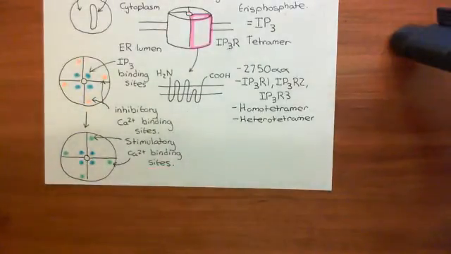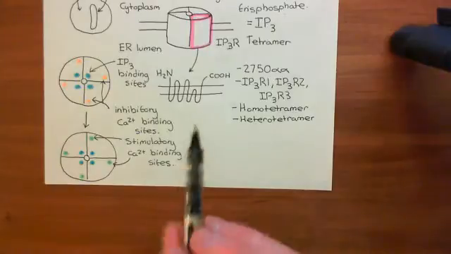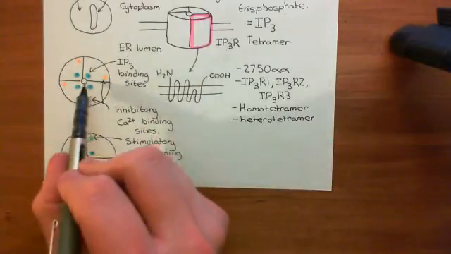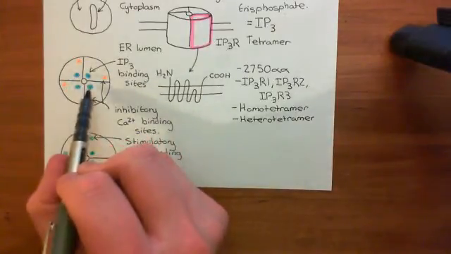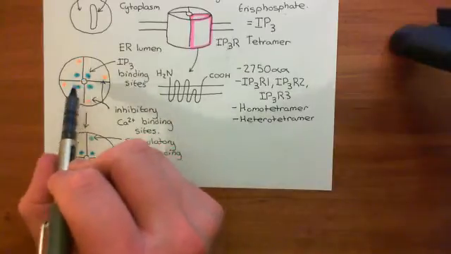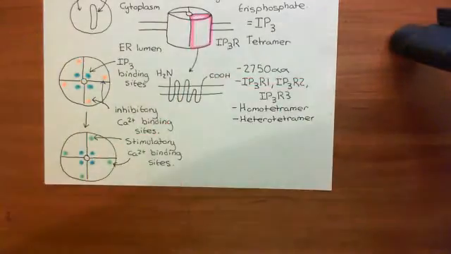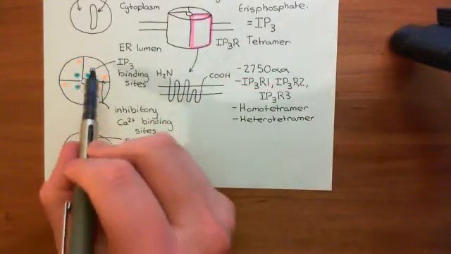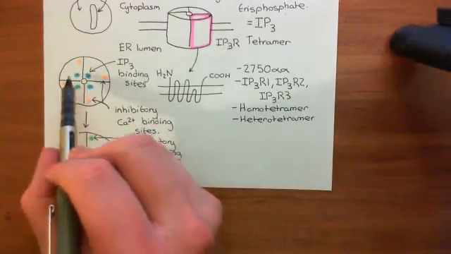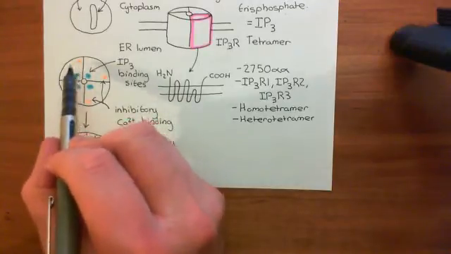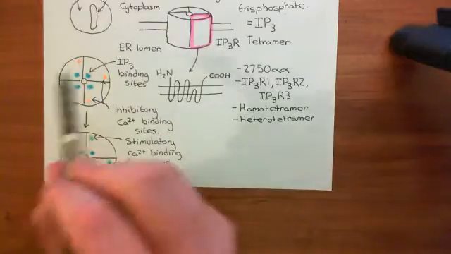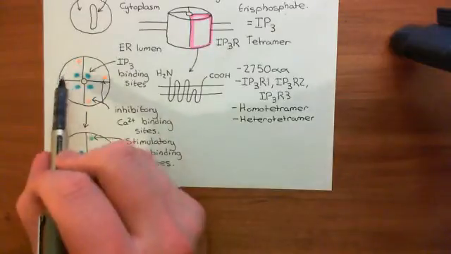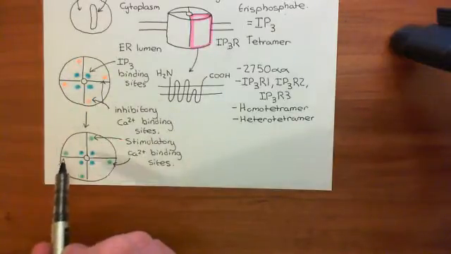So what happens then, to review this, is when IP3 binds to these IP3 binding sites on the cytoplasmic side of the IP3 receptor subunits, they will all change conformation so that they take away this inhibitory calcium binding site and put up a new stimulatory calcium binding site.